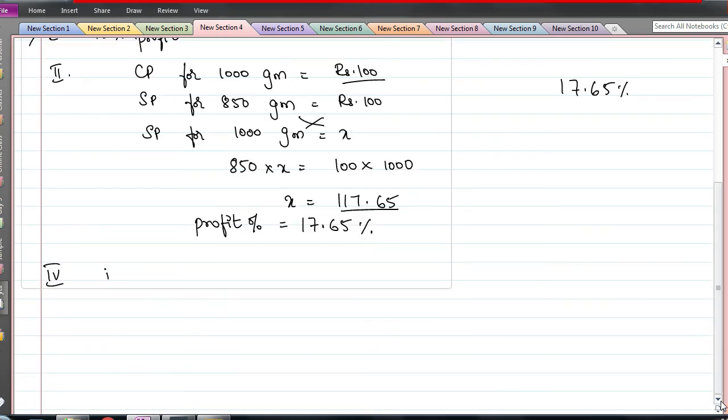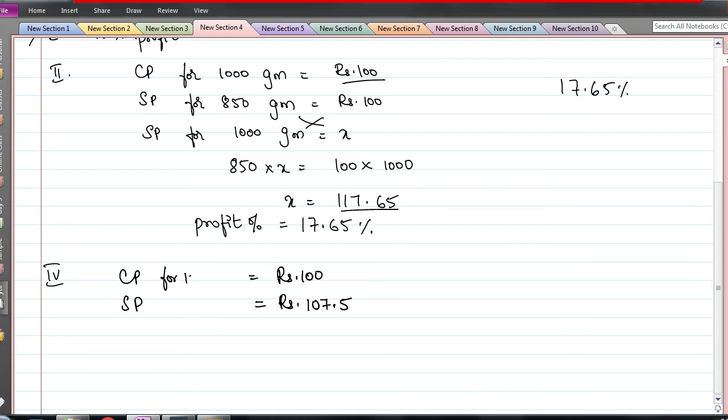It means cost price is 100 rupees. Selling price, he is increasing the rate by 7.5%. So it is going to be 107.5. Now cost price is for 1000 grams.